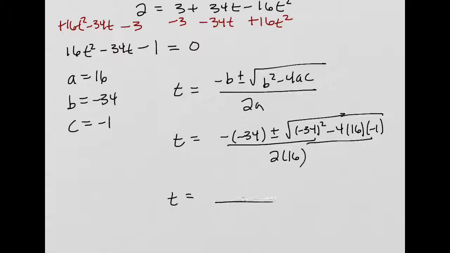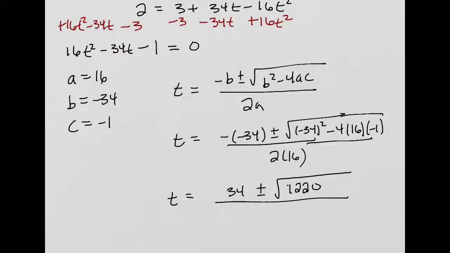So if we just clean this up, opposite of negative 34 is positive 34, plus or minus, under the square root, we have 1156 is negative 34 squared, and then minus 4 times 16 times negative 1 is positive 64. So 1156 plus 64 gives us 1220 underneath the square root.